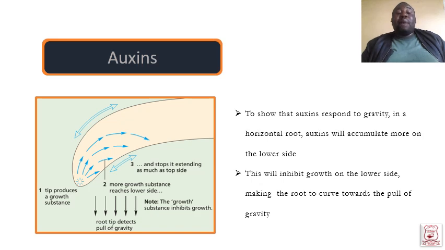The area above does not have any auxins, and so growth is going to be promoted. In this case, the above part of the root is going to grow faster than the below part of the root. This allows the root to bend towards the ground, giving us what is known as positive tropism.